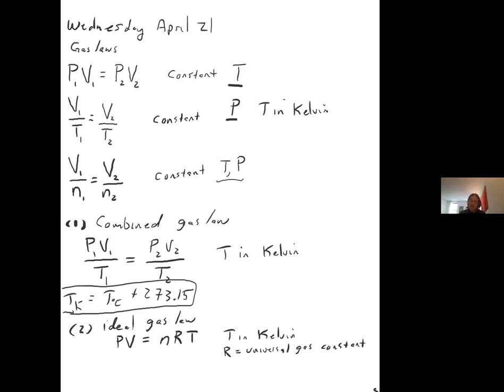But these are two equations that are actually related to each other, that we can use to consider what happens when we have three things changing. So let's take a look at an example.